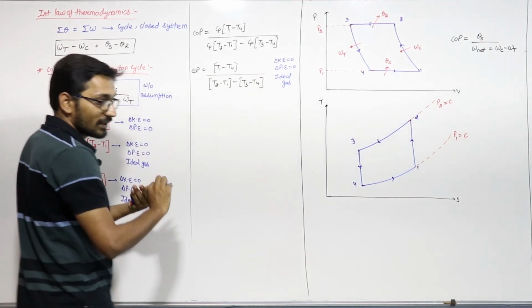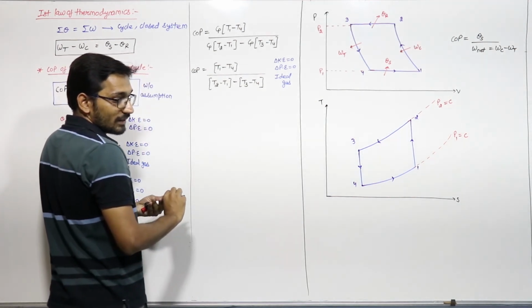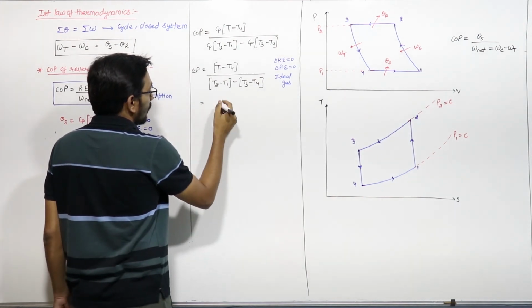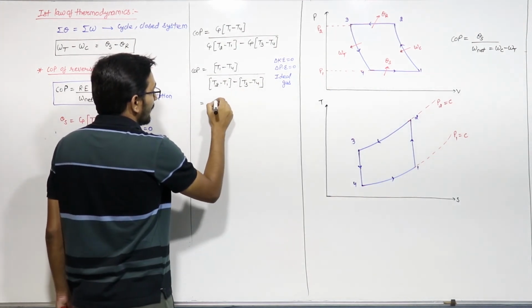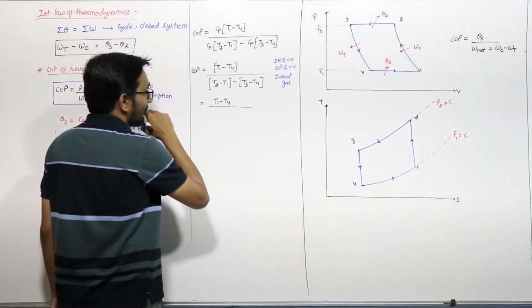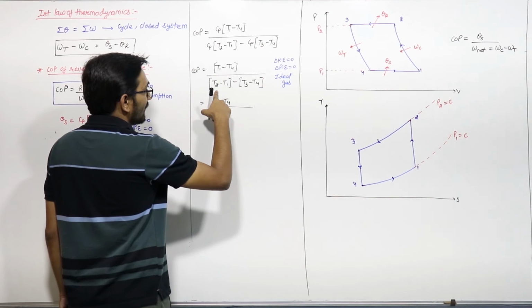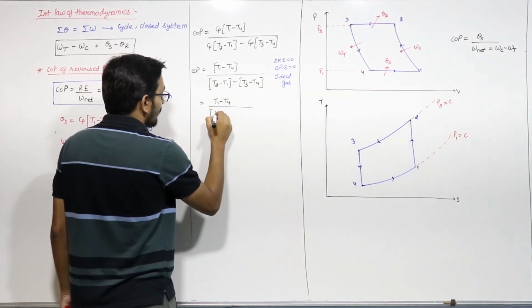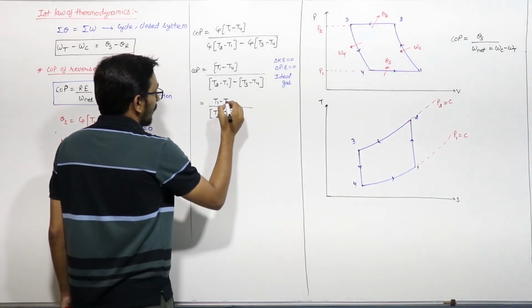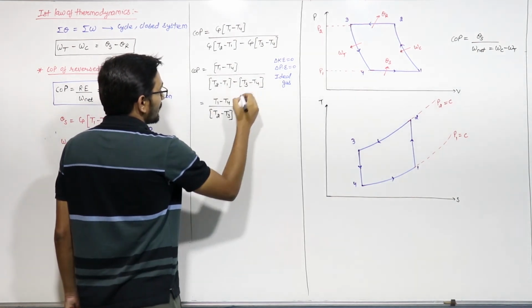This can be written like, if I write here that this is equal to (T1 minus T4) divided by (T2 minus T3), and this is minus T1 plus T4.